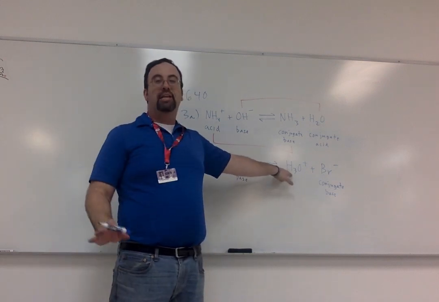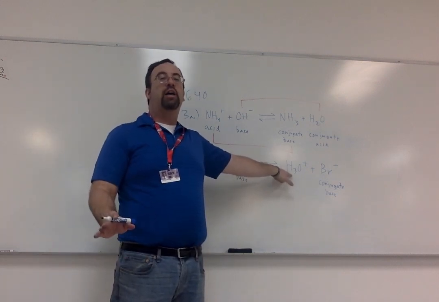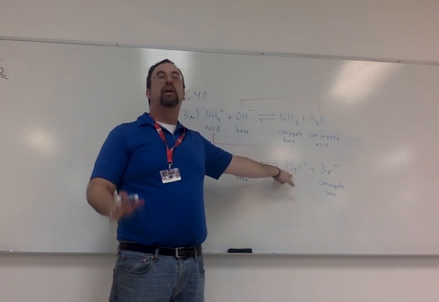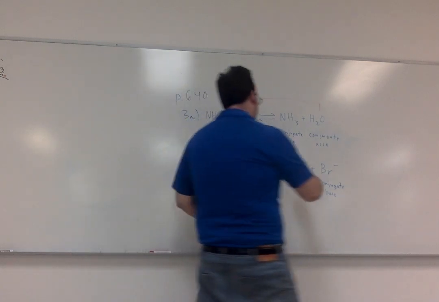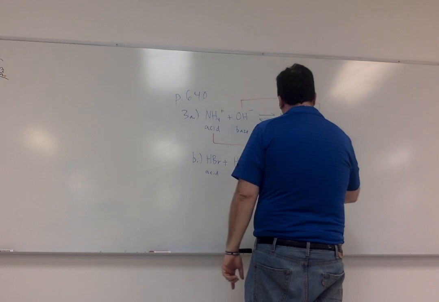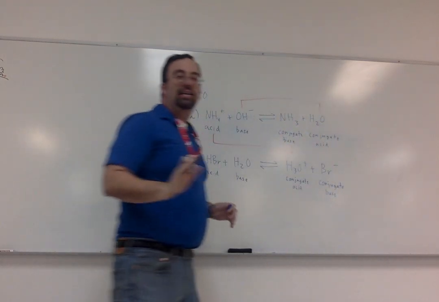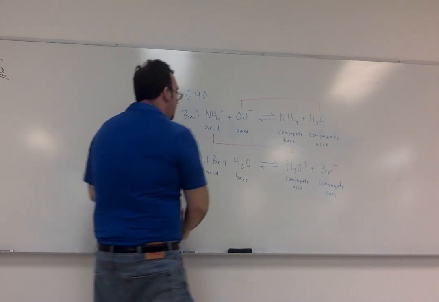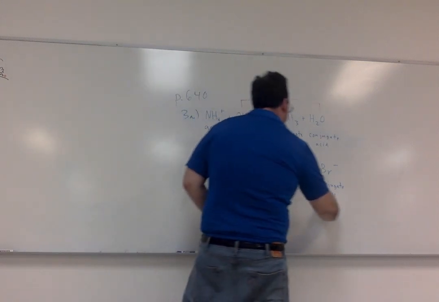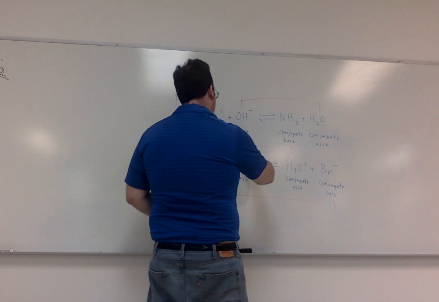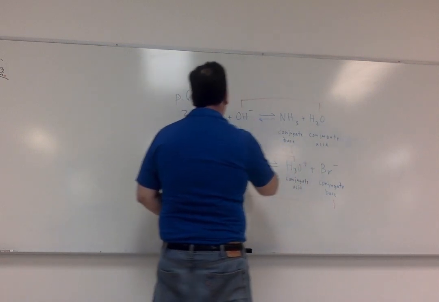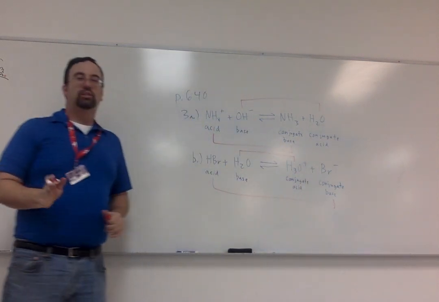Over here, it's picked up a hydrogen ion, and so therefore this is going to be the conjugate acid. And so again, I want to point out that the acid goes with the conjugate base, and the base goes with the conjugate acid. And so that's how that works.